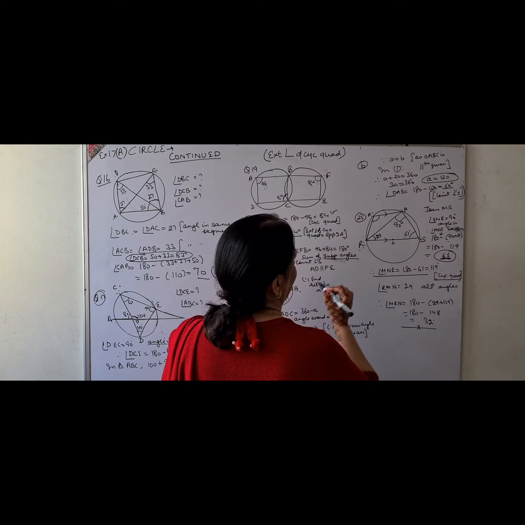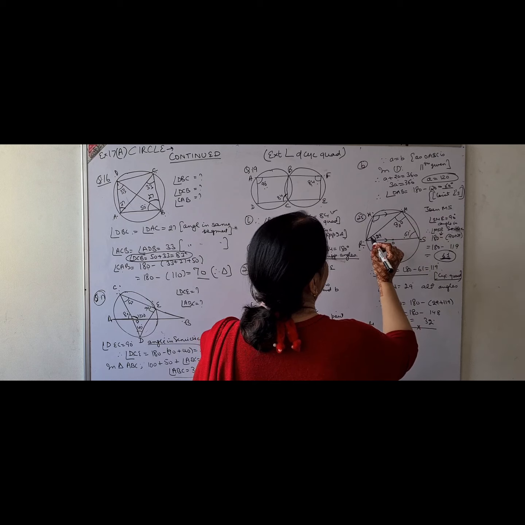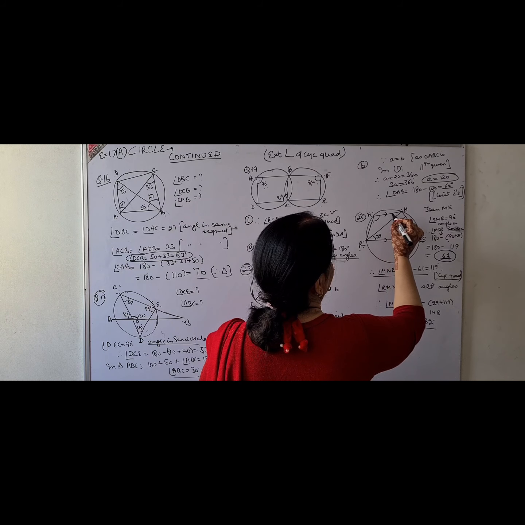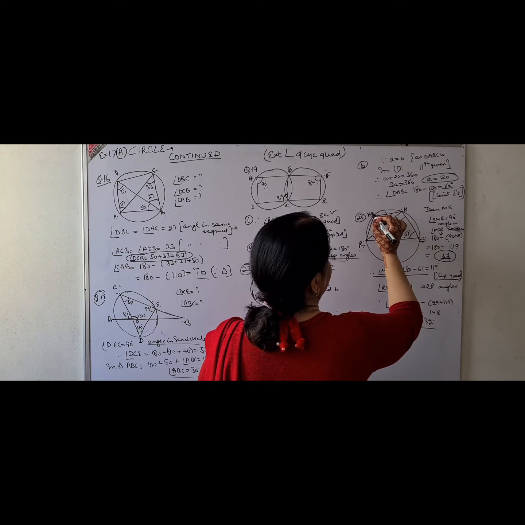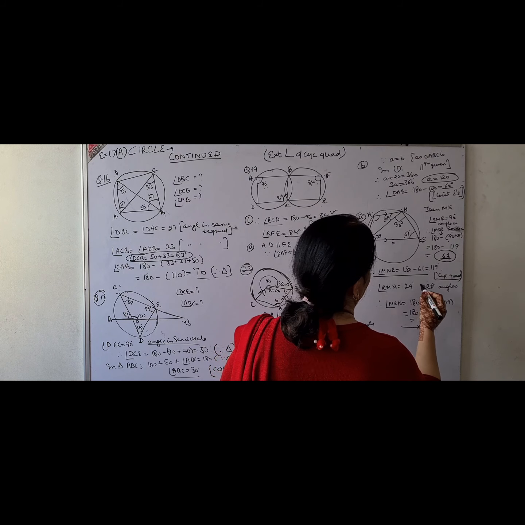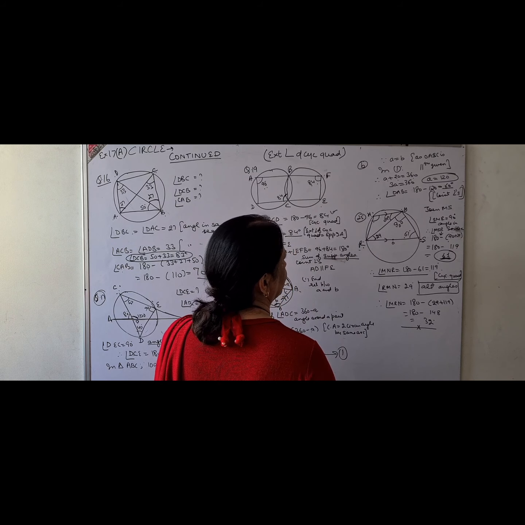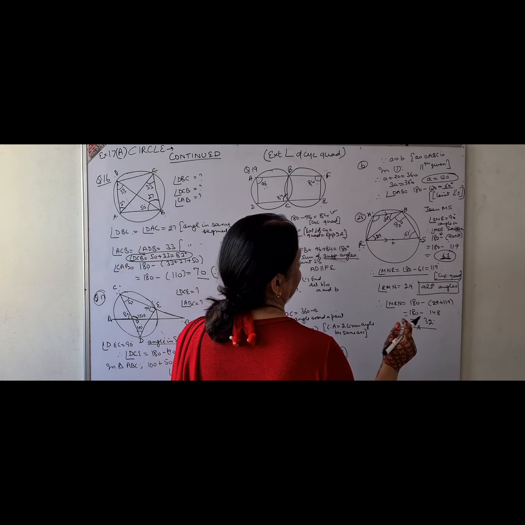Then they have asked you to find angle MRN. See children, if MRS is 29, RMN is also 29 because they are parallel lines. You will say alternate angles. I have written each and every reason so that no one can cut a single mark.